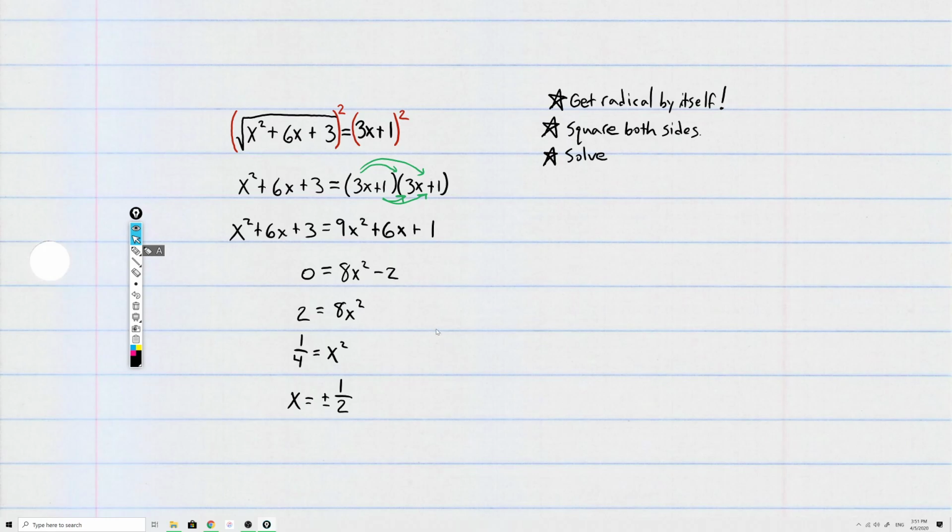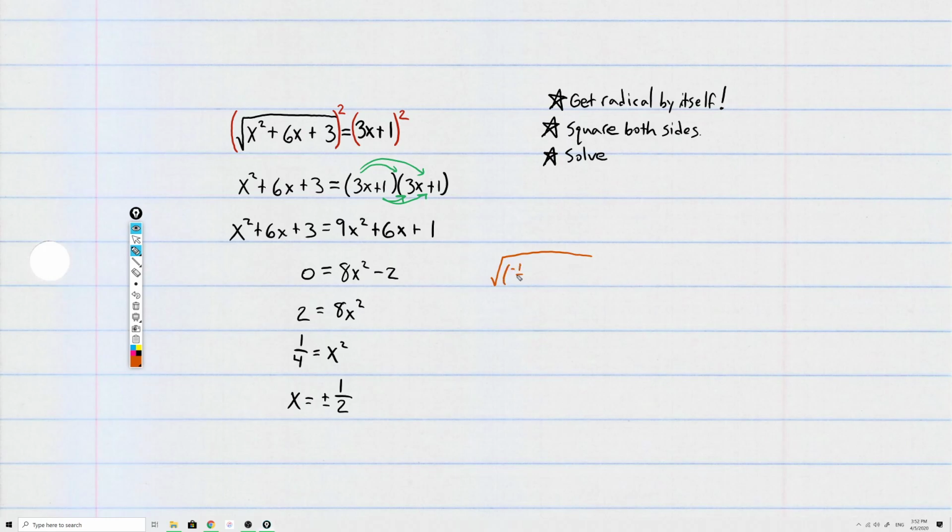So for example, if we take the solution negative 1/2, let me switch colors for testing our solutions. So if I plug negative 1/2 into that equation, it better give me a true statement. So let's see, we're going to plug in negative 1/2.